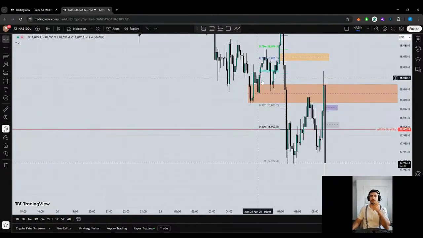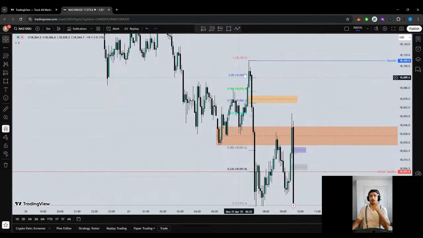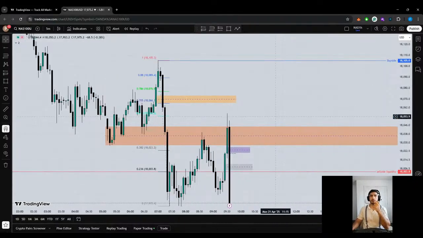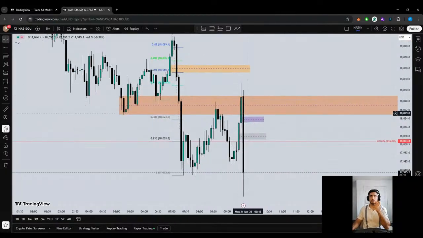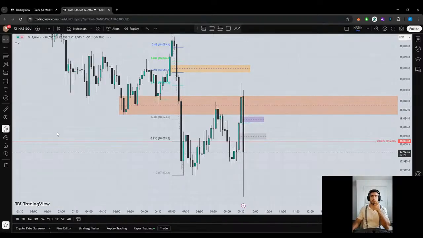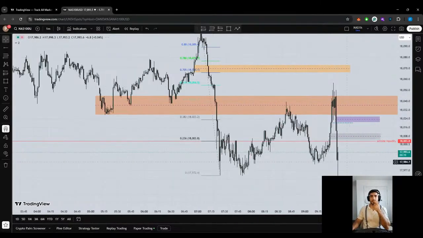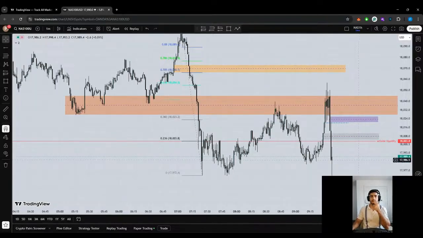Last candle, last down candle before it breaks these highs to continue lower. Stayed within the range. And now we have a long 1-minute wick. That wick is interesting.